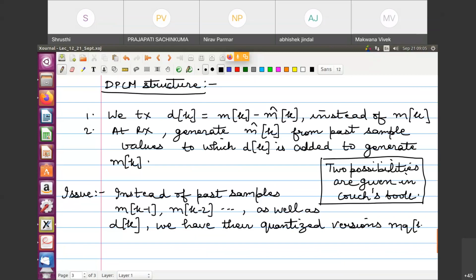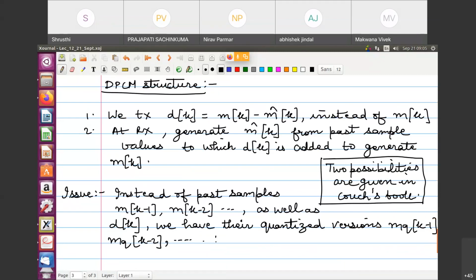That is, we will see this d of k quantized value being available at the receiver, but you will think, why am I saying that I have these quantized versions of m q of k? Let us see. Once I draw the transmitter and receiver, you will find it.